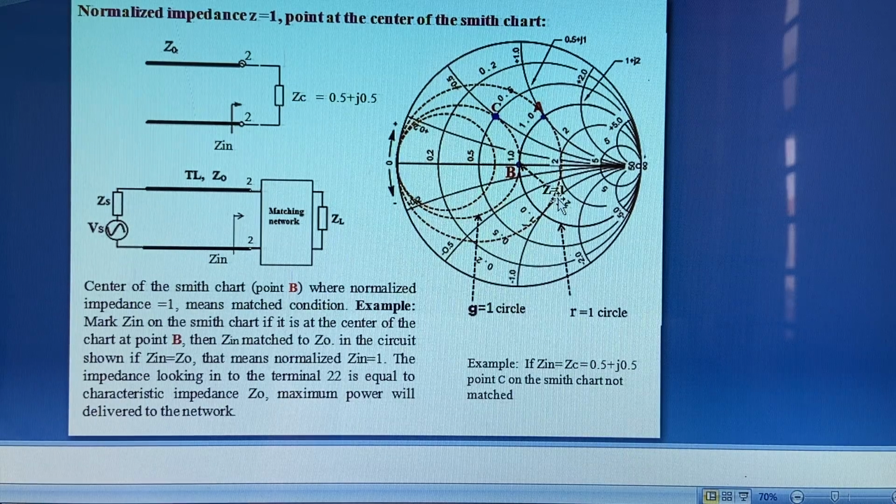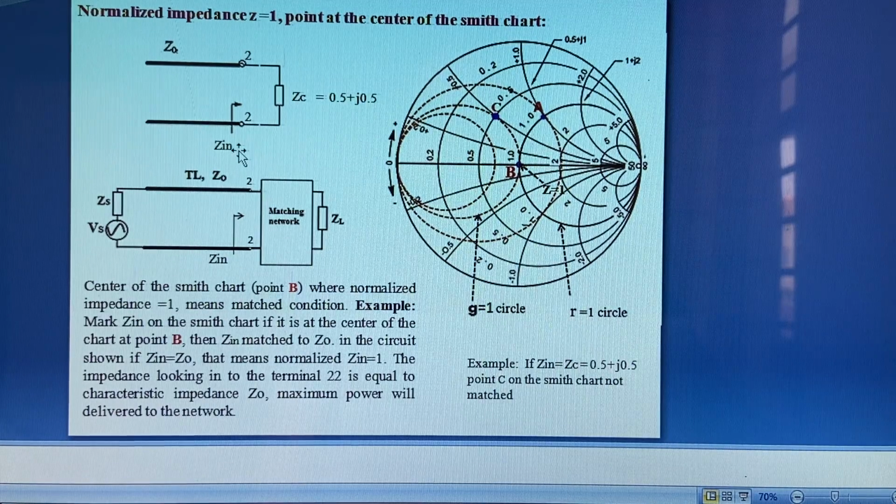So it is very important while designing the matching networks. For example, if we consider this network, Zin is equal to Zc, that is 0.5 plus j 0.5, assuming this itself is a normalized one.